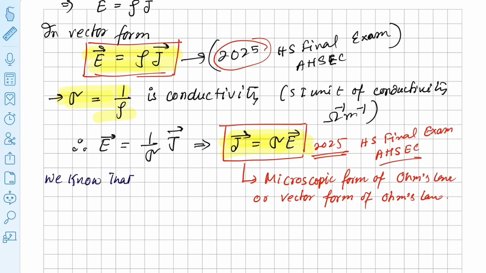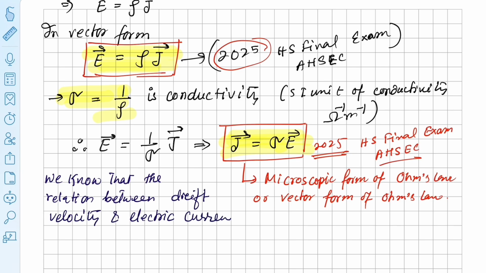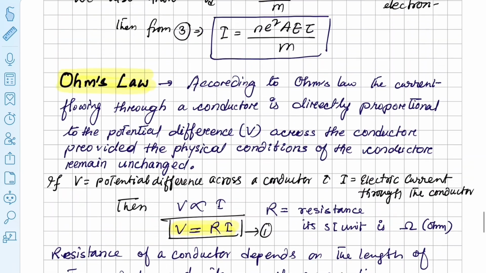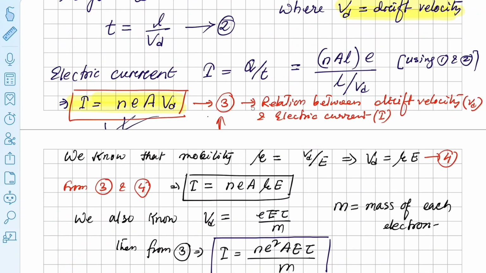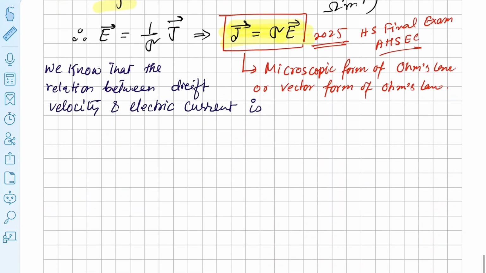We know that the relation between drift velocity and electric current, which we have already derived here, equation number 3, is I is equal to N E A Vd. Vd is drift velocity, and I is electric current.